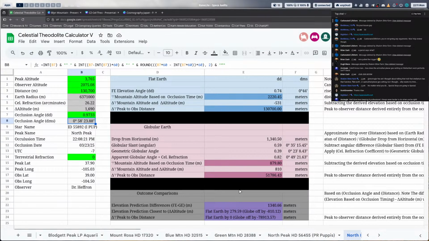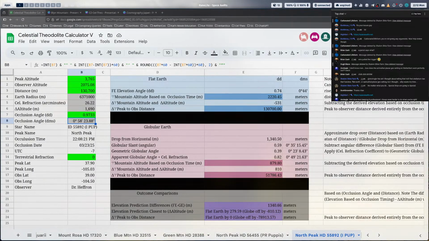So if anyone would like to participate, we need measurements from all over. As our head of quality assurance likes to say, bring us more data, please. So what you can do to participate is have the ability to record stars at night and be able to distinguish a mountain peak at night, and just record your latitude and longitude of the peak and where you're observing from.